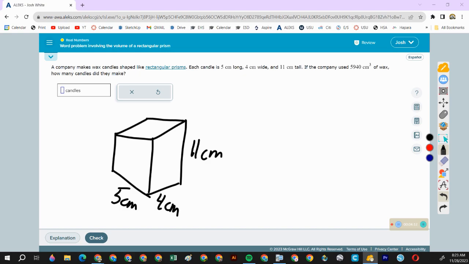If the company is planning on using 5,940 cubic centimeters of wax, how many candles can they make? Well, one candle is going to have a volume of 5 times 4 times 11. So that's 20 times 11. So that's going to be 220 cubic centimeters.